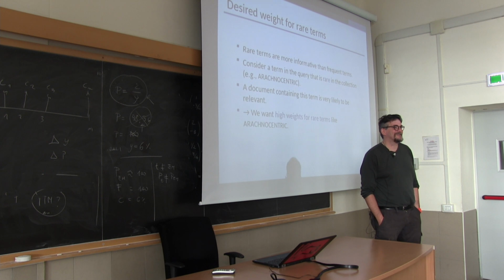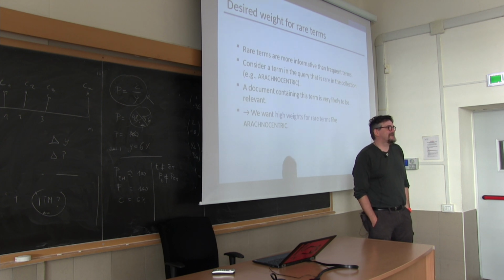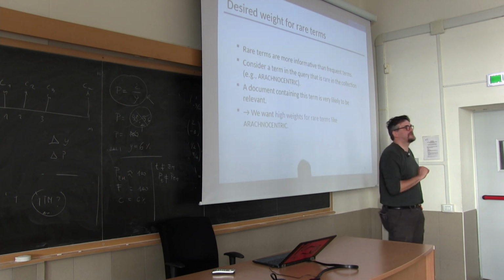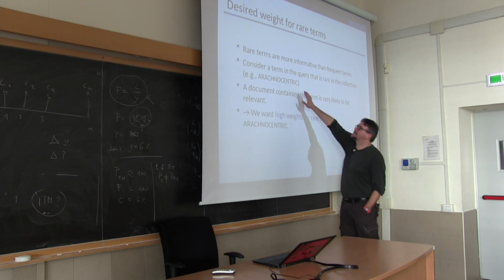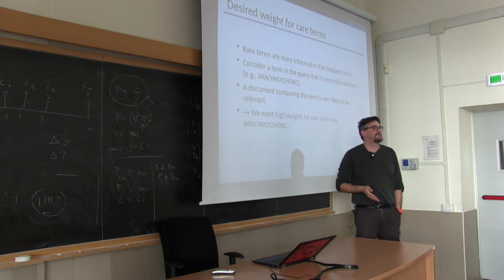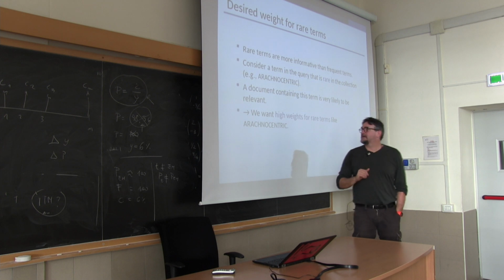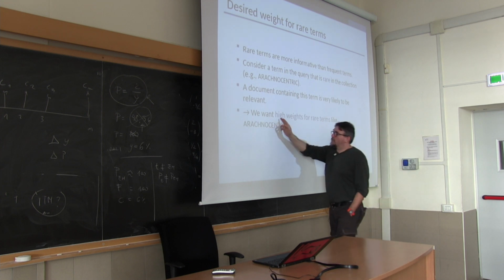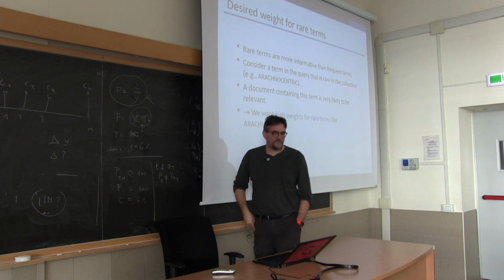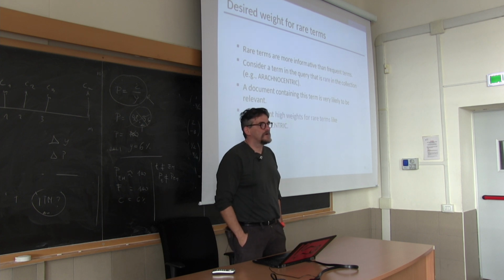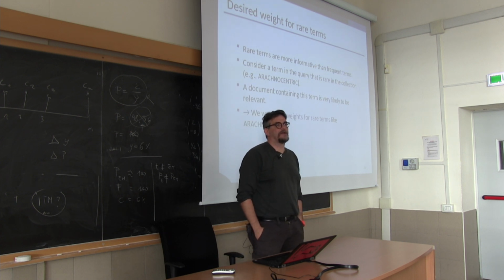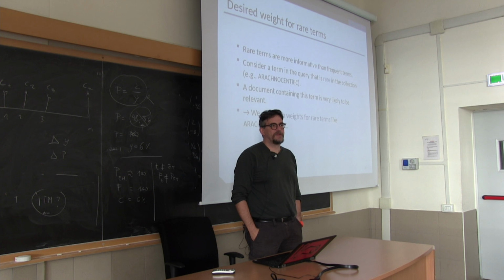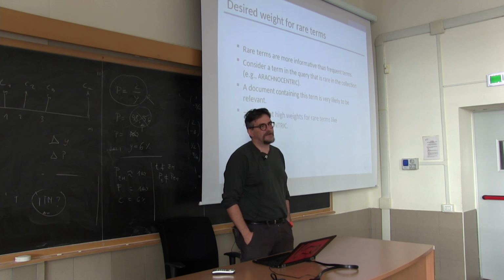I never use it in other contexts. So it is clear that if you identify a document with this given term, you can identify it very precisely. And so basically, we want high weights for rare terms, which allow you to discriminate in a very precise way among the documents, simply because they are rare.